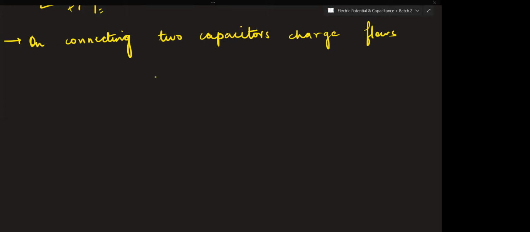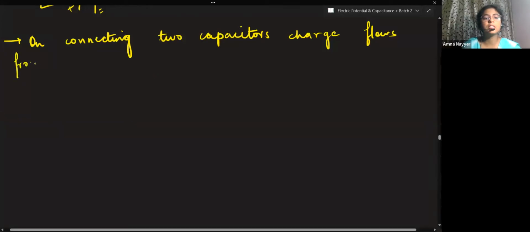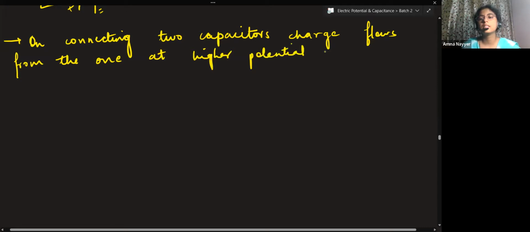Higher to lower. Charge flows from the one at higher potential to the one at lower potential.